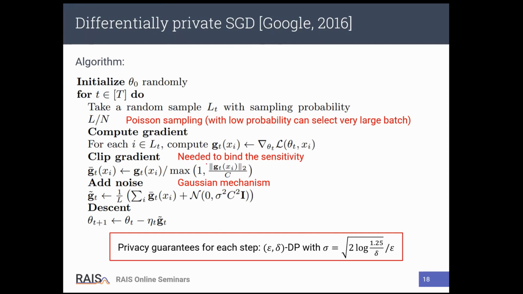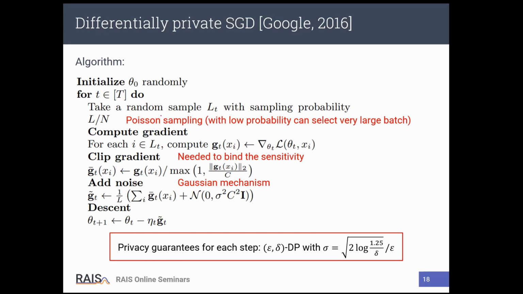The first main difference is that the samples won't be taken in fixed-size batches, but will be sampled at random with a technique called Poisson sampling.